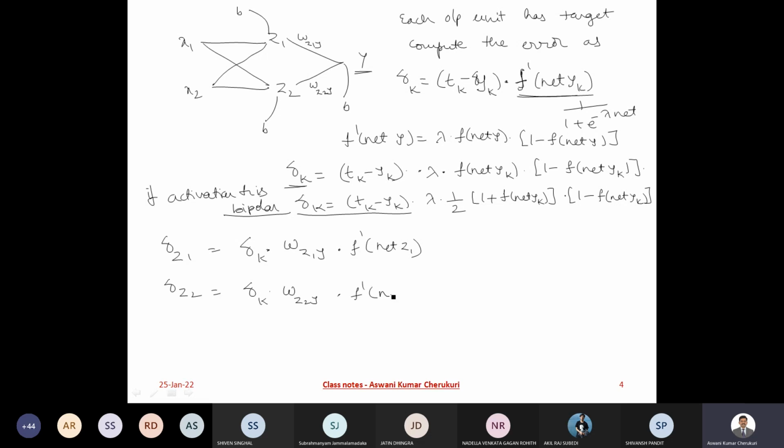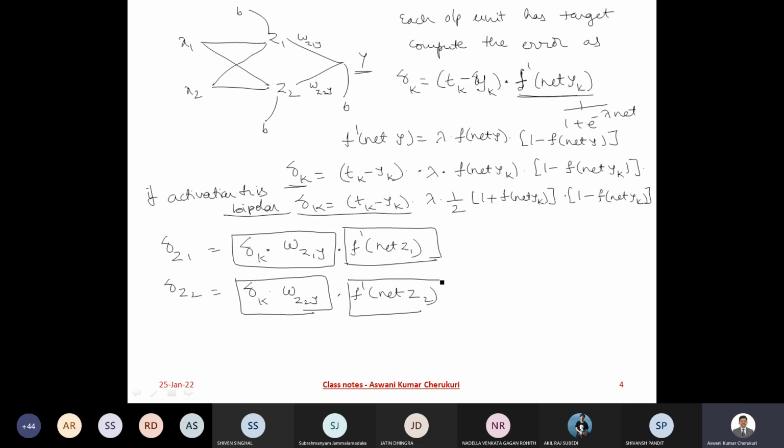Here also you have to apply the first derivative of the activation function at z1. So this is the error coming from the output node. Similarly, this is the error coming from the output, and this is the derivative of the activation function at the hidden node. And similarly, this is the derivative.